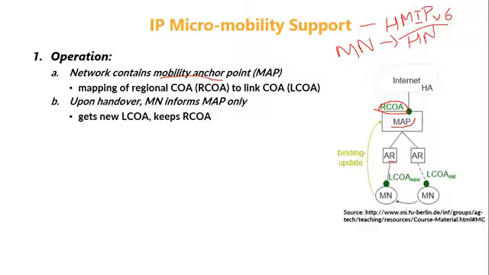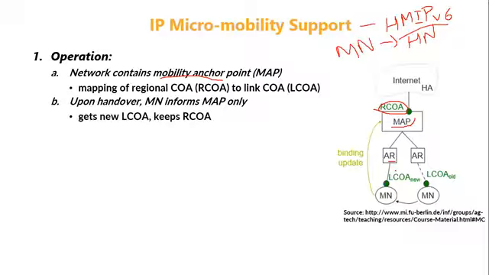This foreign network is mainly accessed through the MAP, the mobile anchor point, through the RCOA, the regional COA, and the boundary of the regional COA is defined by the ARs, the access routers. They advertise the MAP information to different MNs. The mobile node will be connected to any one of the access routers.